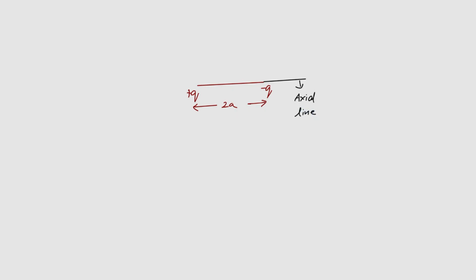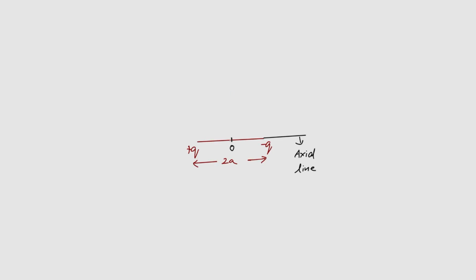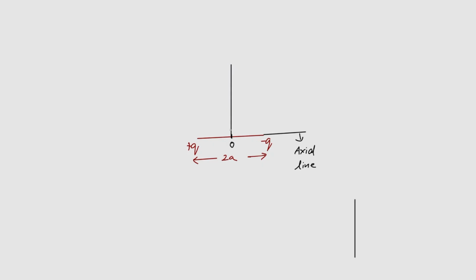On the equatorial line, it starts at the center of the electric dipole, around this line which is perpendicular to the electric dipole. At any point on this line, it could be here, it could be here, along this line.